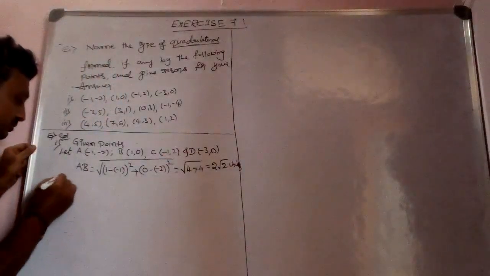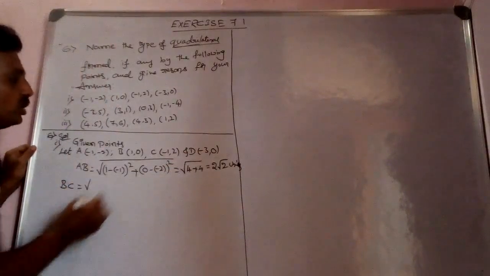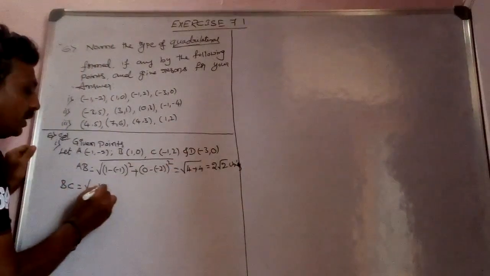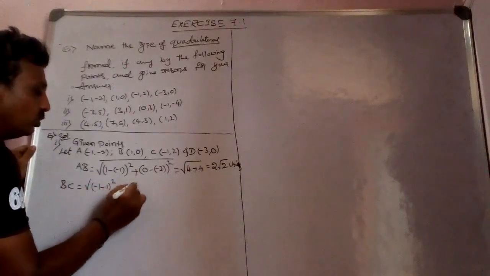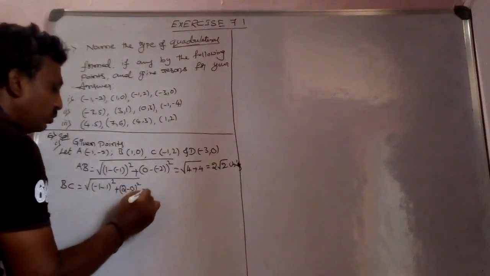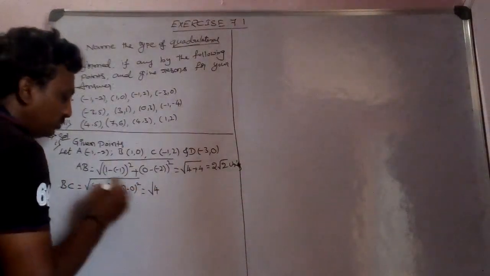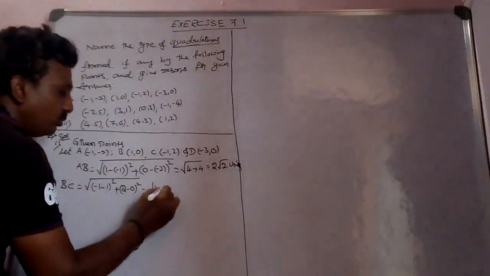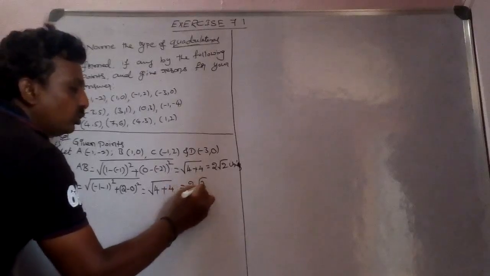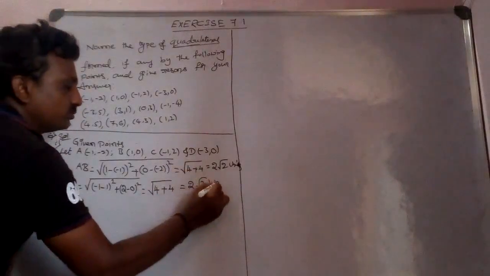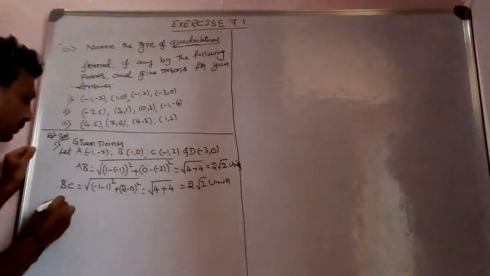Next, BC equals square root of (-1 minus 1) whole square plus (2 minus 0) whole square, that is (-2) whole square, which is 4, plus 2 square, which is 4. This value is also 2 root 2 units. BC finished. Now CD.